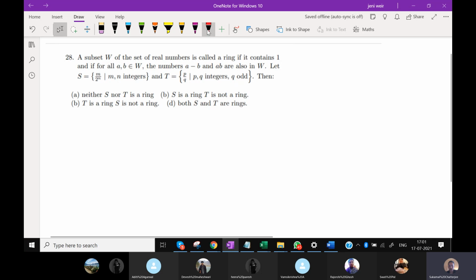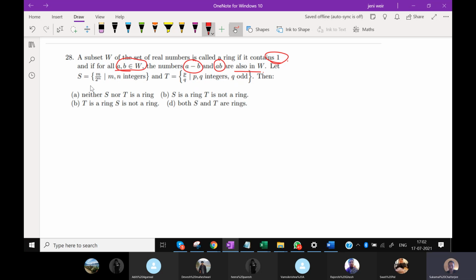It will be called a ring if the set contains one, and for the numbers A and B, A minus B and AB are also in W. So it has to contain one, A minus B, and AB.